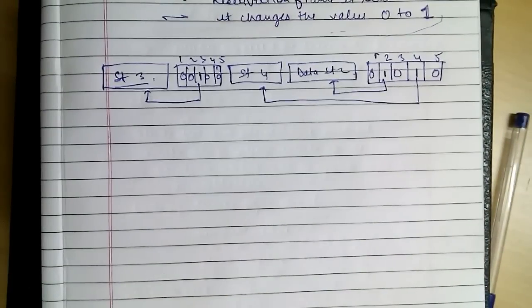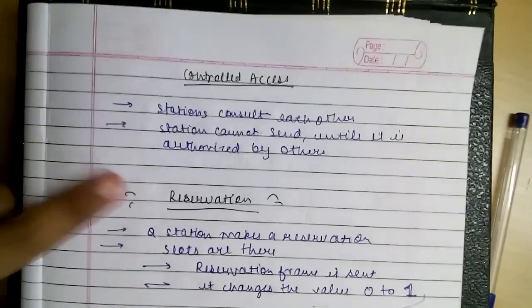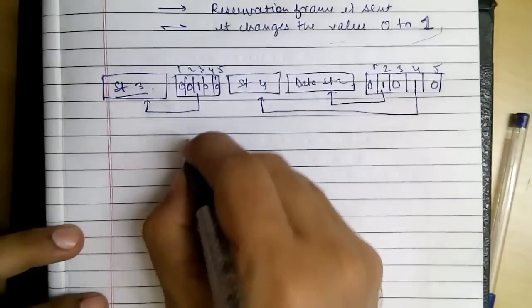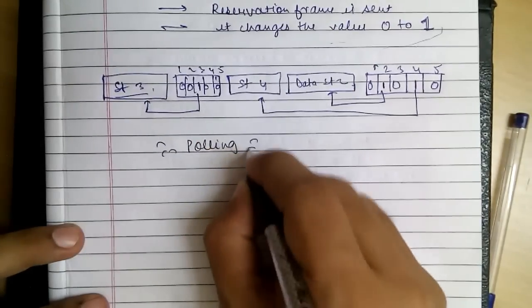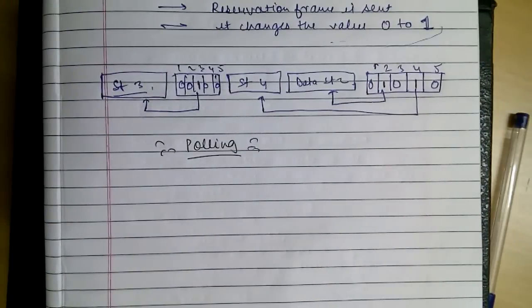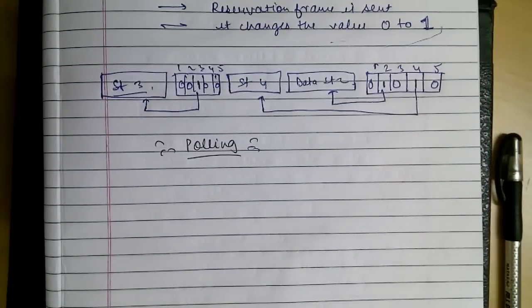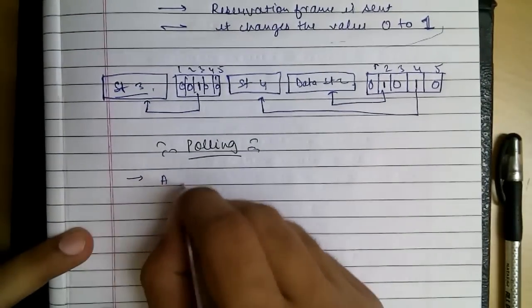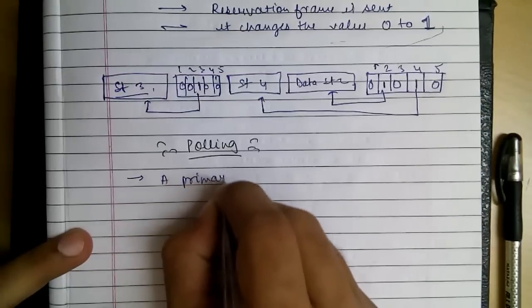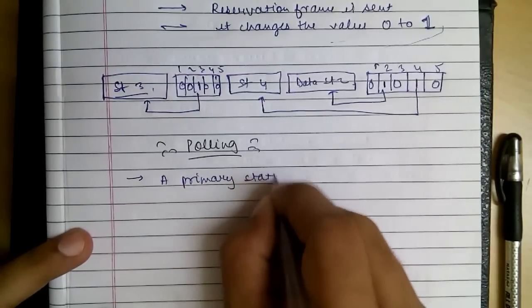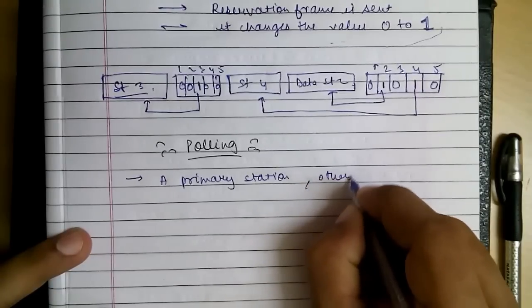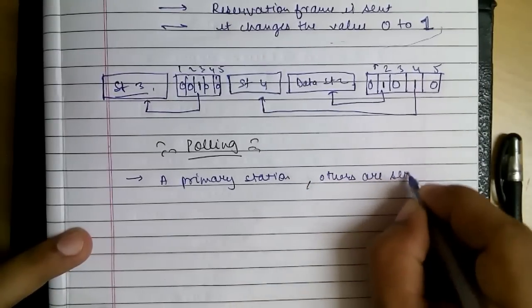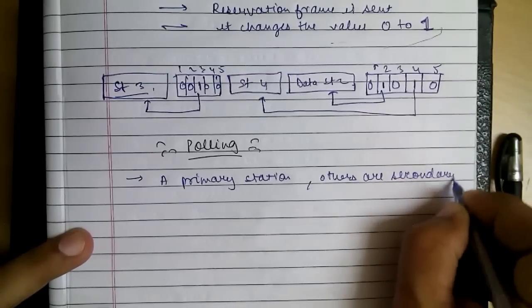Hi everyone, the next one in the controlled access category after reservation is polling. So what happens in this protocol is there is a primary station and the others are secondary stations.